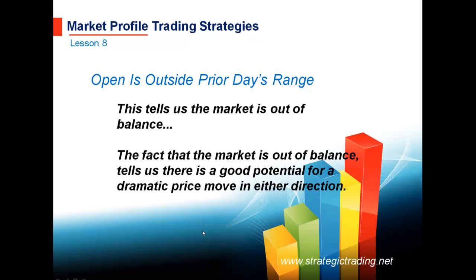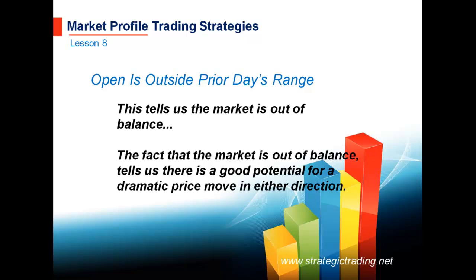All right, we've talked about an open that's either inside the range or even inside the value area. And we talked about that if it's in fact inside the value area, that the likelihood of a non-trend day is usually fairly high, and we're going to get a narrow trading range.